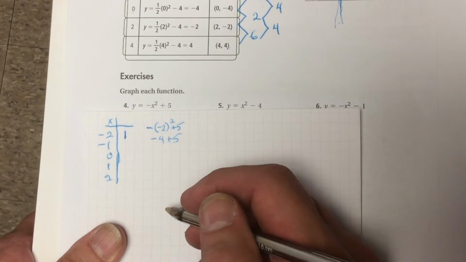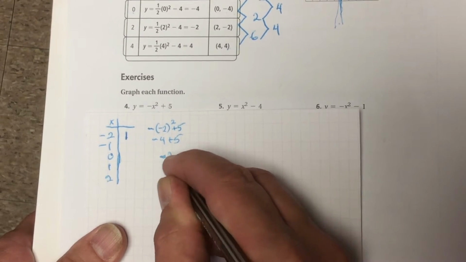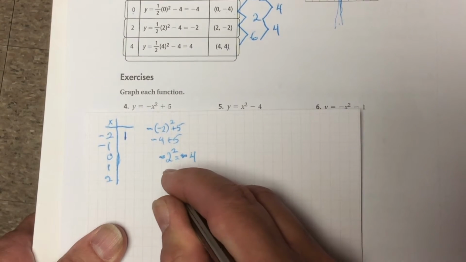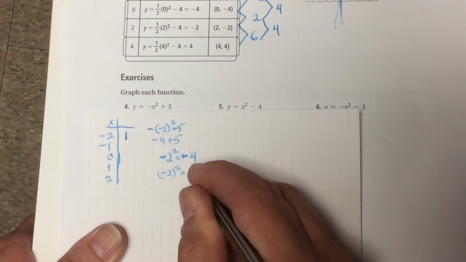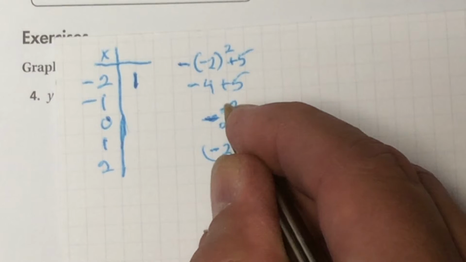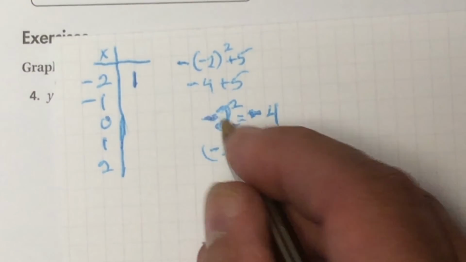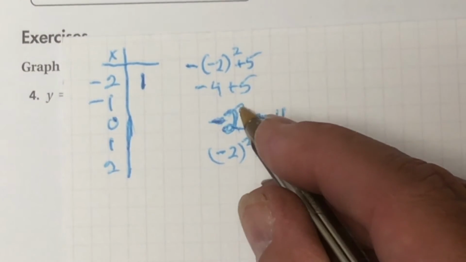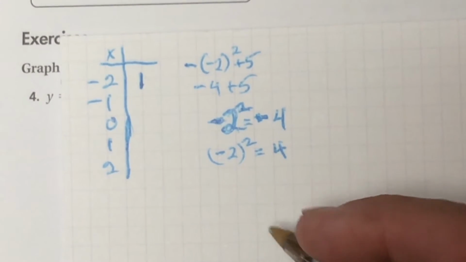Right, exactly. So the thing to remember about this, -2 squared is equal to -4, and (-2) squared like that is equal to +4. The reason for it is the order of operations. Taking the negative of a number, like this, is multiplying the number by -1. Squaring it is an exponent, and exponents come first in the order of operations.